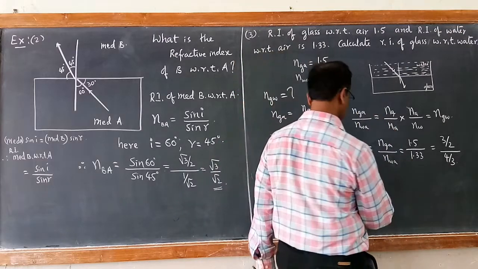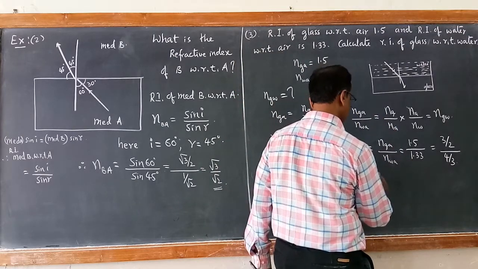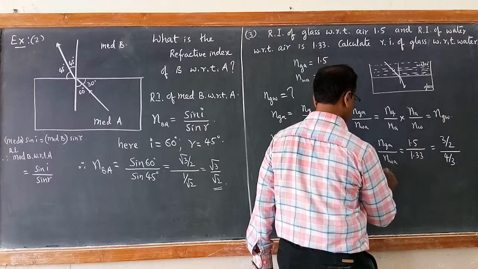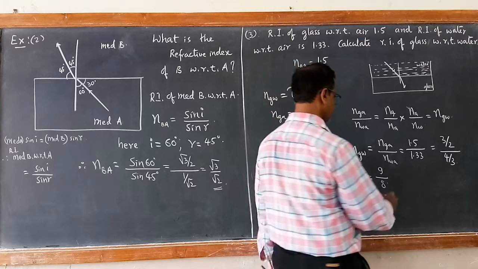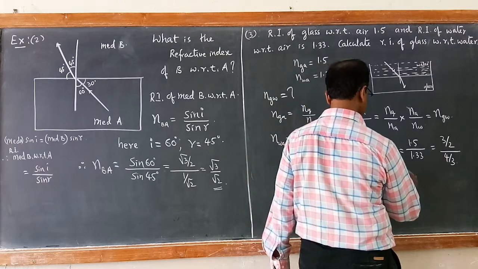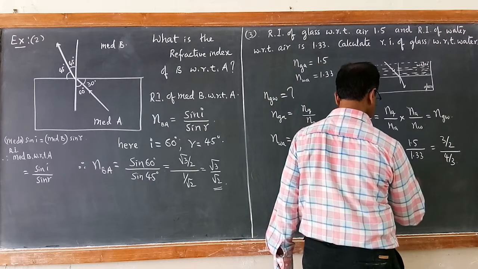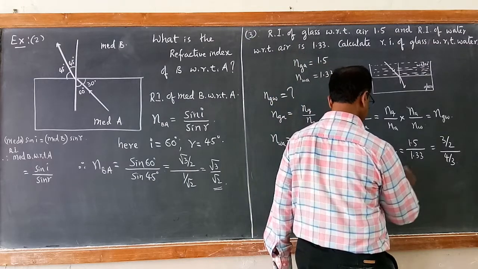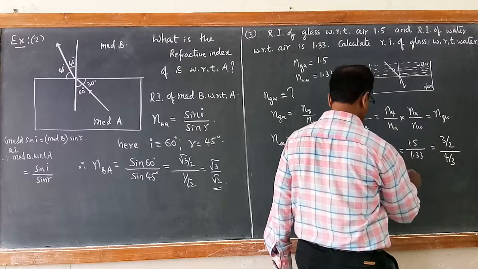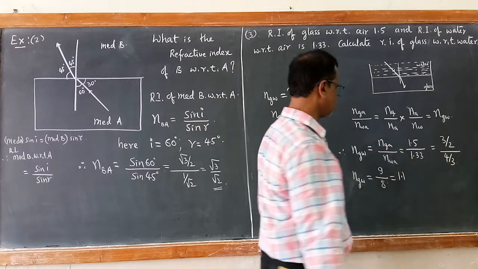When we take this ratio, we get NGW equal to 3 3s are 9, 9 divided by 8. So if you simplify this, 8 ones are 8, 1 remains.